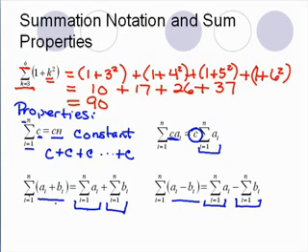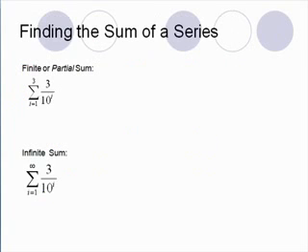Okay, so how do we find the value? How do we find the sum of a series? Take a look at our first example. We've got i equals 1, all the way up to 3.